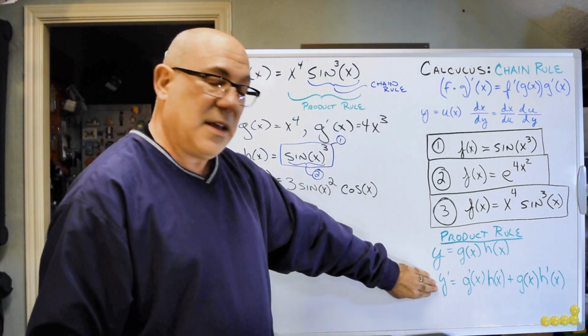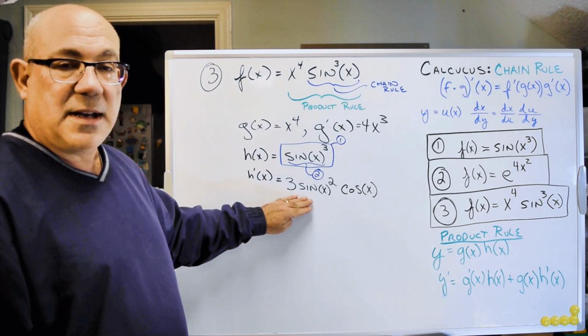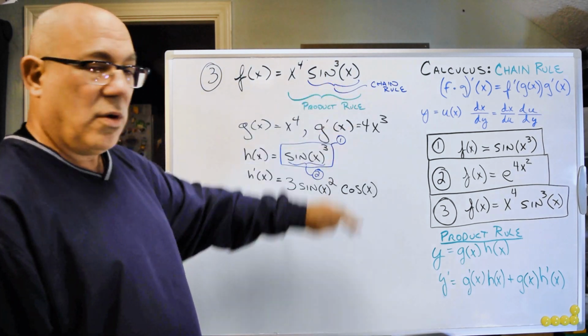So we can plug into this and find our derivative using both the chain rule, which we used to get h prime of x, and also the product rule to get the whole thing.